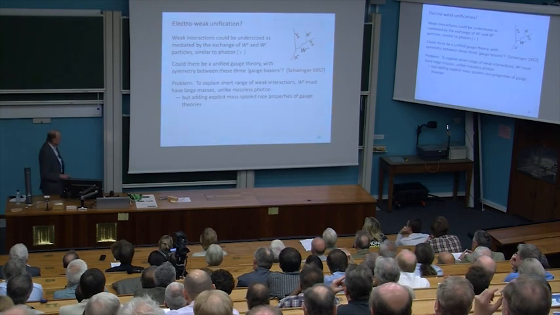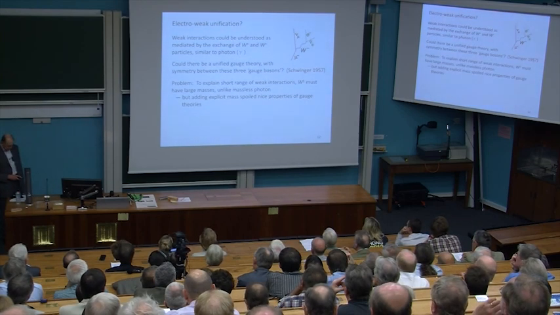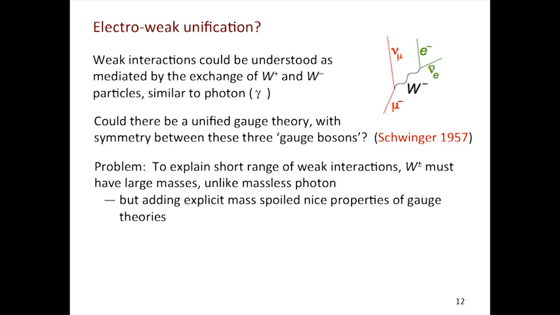But there was a problem. And the problem was that in order to understand the weakness and also the short range of the weak interactions, it was clear that the intermediate particles, the W minus and the W plus, had to be very heavy, something like 100 times the proton mass.